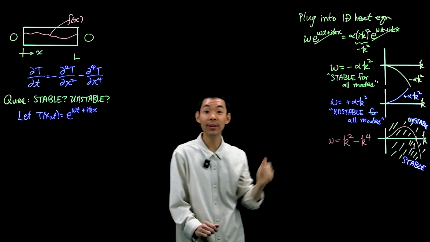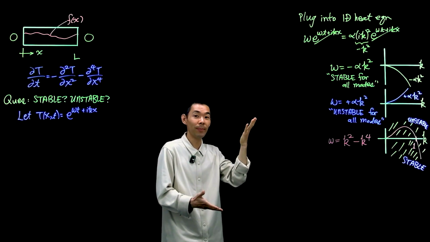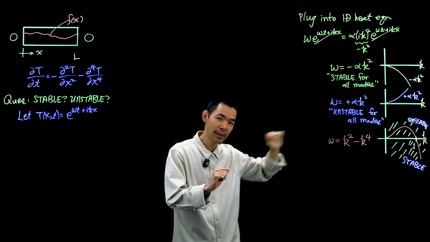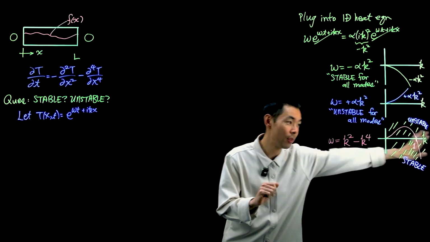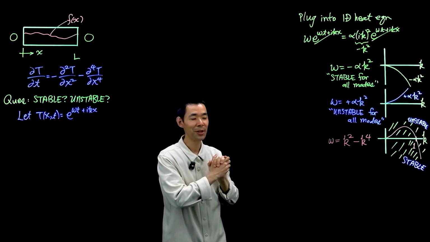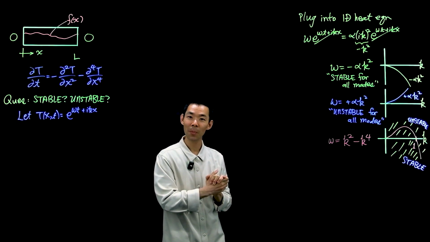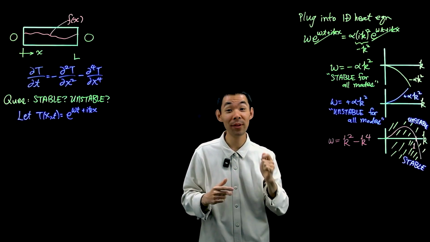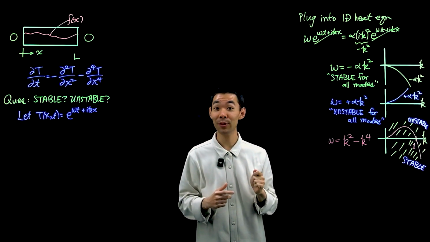It's in the unstable regime. It's going to keep growing. But if I seed it with a high frequency oscillation for k larger than 1, those waves are going to dampen. They're going to go away. So it's both stable and unstable, depending on which wave you initialize it with.